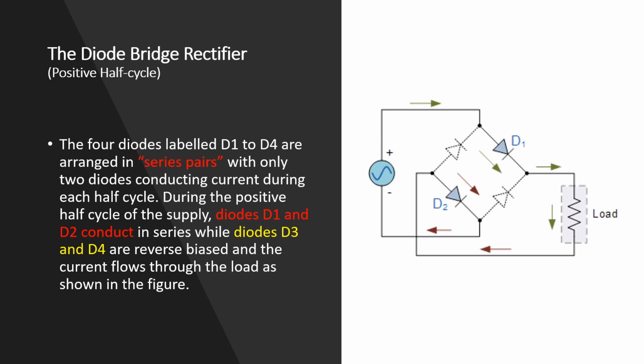During the positive half cycle of the supply, diodes D1 and D2 conduct, meaning they are forward biased and in series, while diodes D3 and D4 are reverse biased and the current flows through the load as shown in the figure. Means in the positive half cycle only D1 and D2 conduct and the other two, D3 and D4, are open circuit because they became reverse biased.